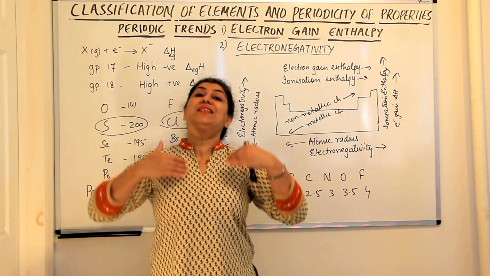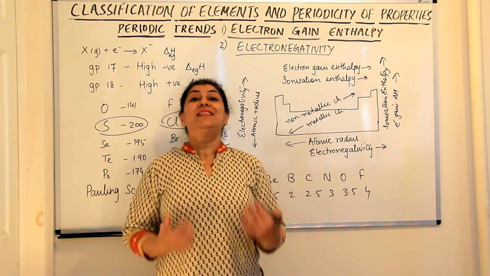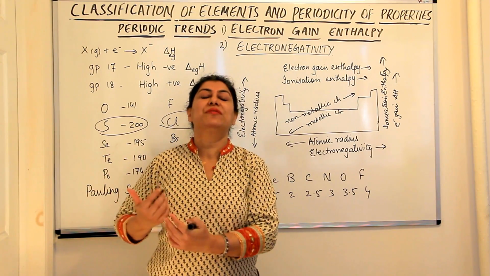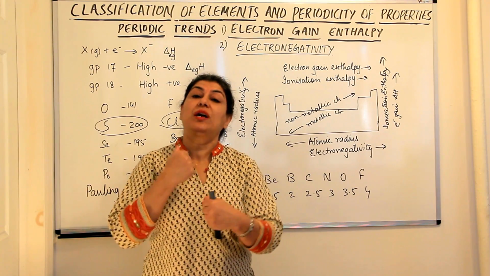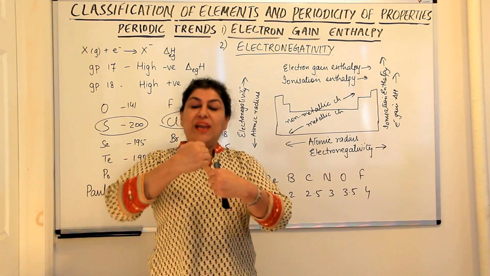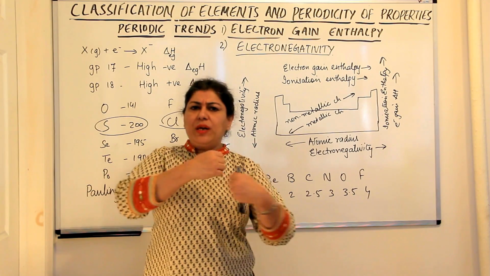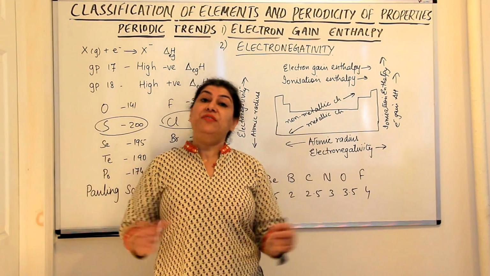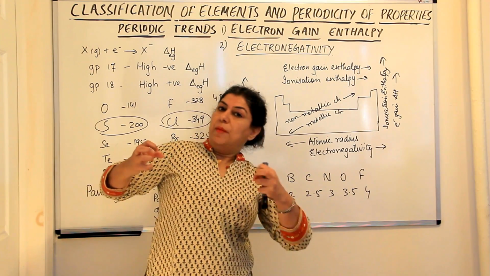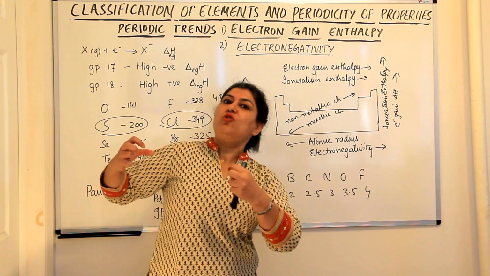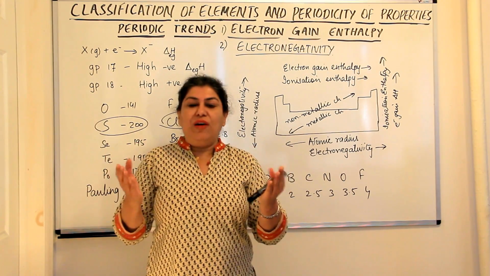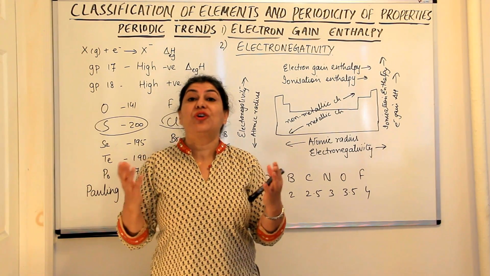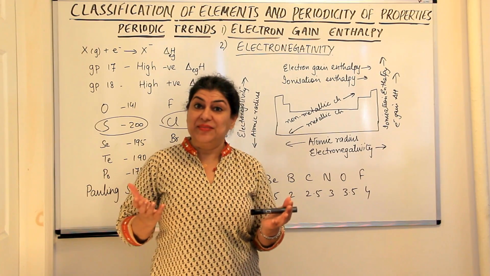But how much of that electronegativity it displays depends on the difference between the electronegativities of the two atoms which are combined together. If the difference is smaller, it may not be so pronounced. But if the difference between their electronegativities is large, the pull of one of them would be so strong that you would actually feel that the molecule is not covalent, it is ionic.